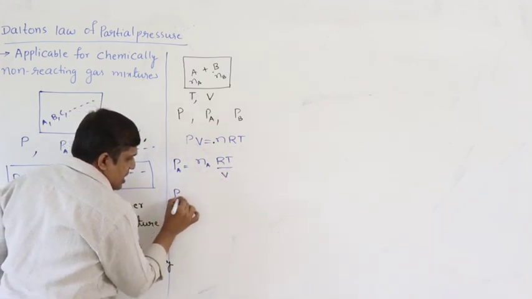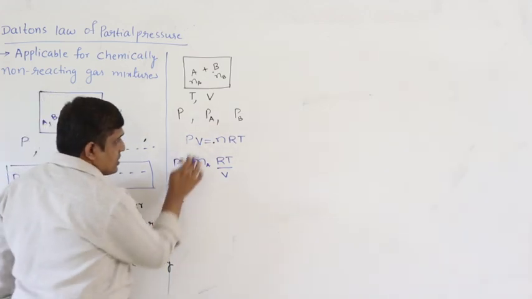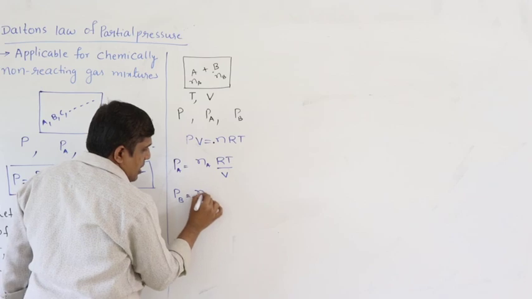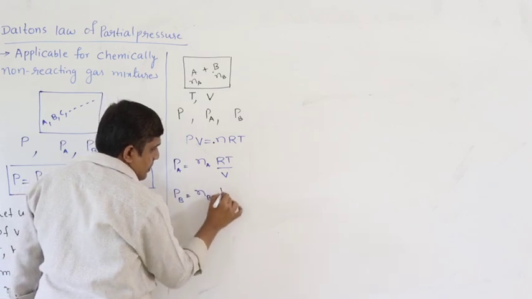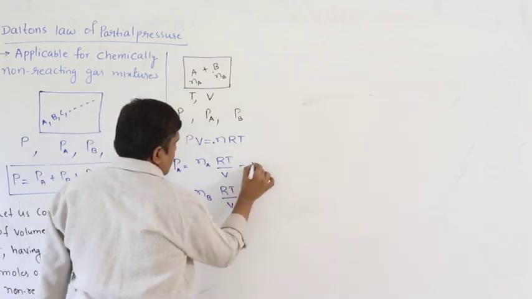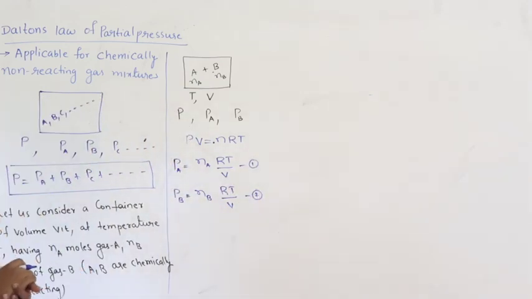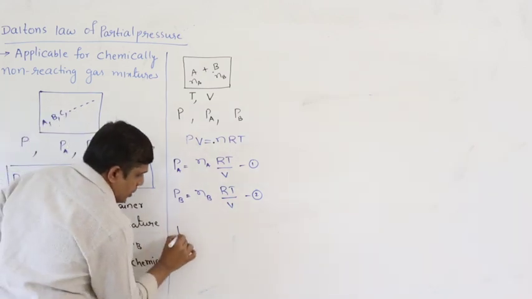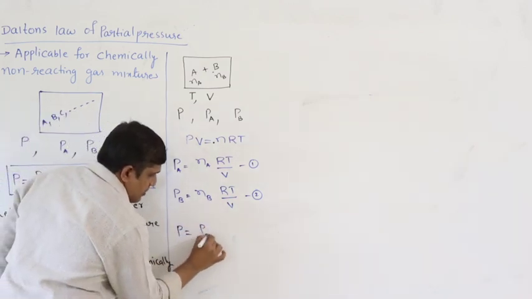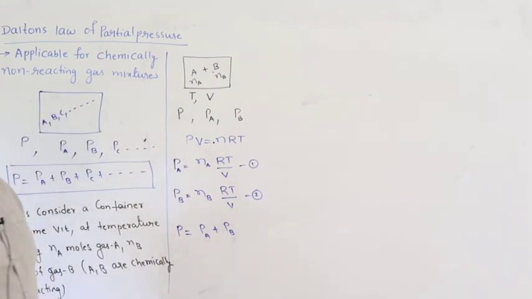Similarly, the partial pressure of gas B is equal to Nb RT by V. I will call these equation 1 and equation 2. Now, according to Dalton's law, the total pressure is equal to the sum of the partial pressures of A and B, which are chemically non-reacting.